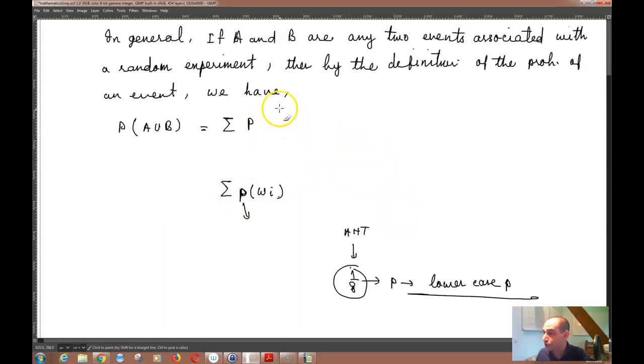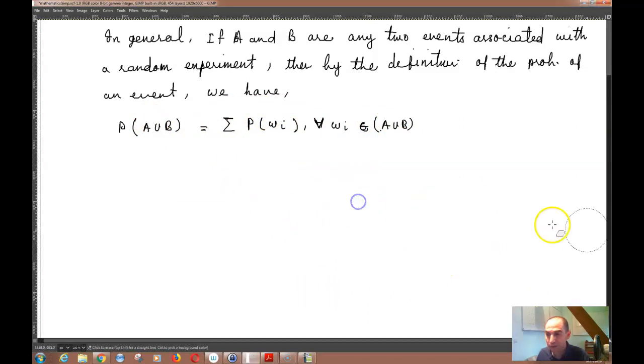So it's sigma p of omega i for all omega i belonging to the set A union B. So in order for this expression to make sense, P of A union B is sigma of P of omega i for all omega i belonging to the set A union B. This has to be uppercase P, I suppose, because otherwise it doesn't make sense really.